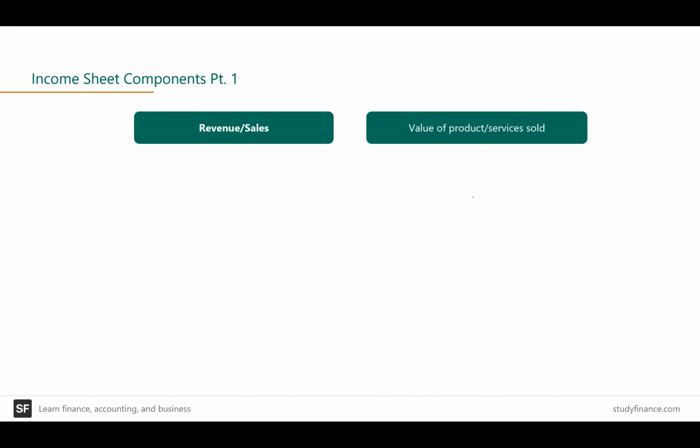Now let's look at the components of income statements. At the very top, we have our revenues or sales, and it's the value of the products or services sold. And keep in mind, it's not the money that we obtain from selling, as that could be in credit or in cash.